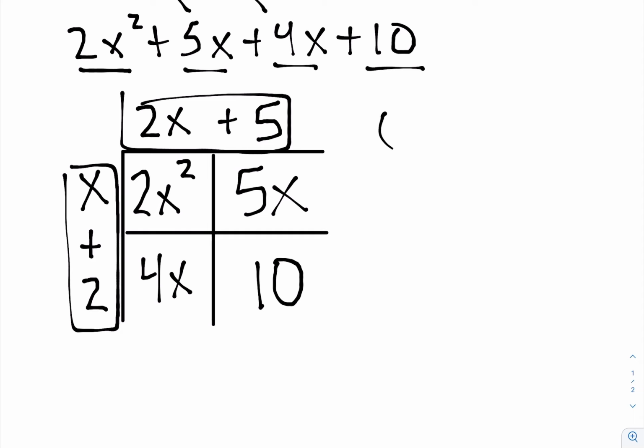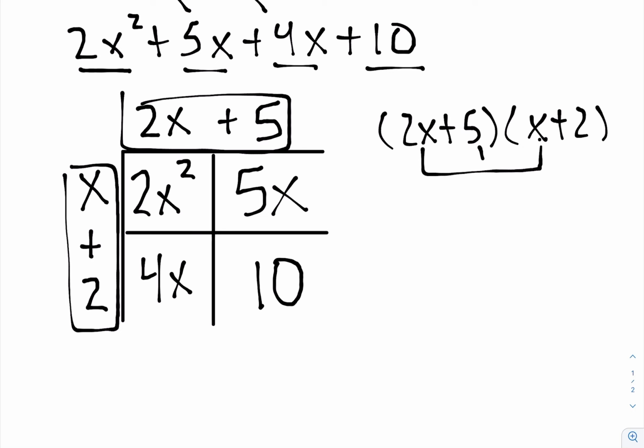Over here, I'm just going to write 2x plus 5 and x plus 2. This is the exact same answer as we got in the last question. It's just a different way to get there. And if you're ever not sure, you can always expand it out, multiply everything out and see if you're on the right track.